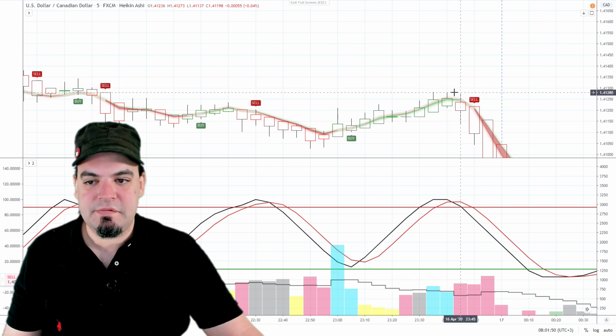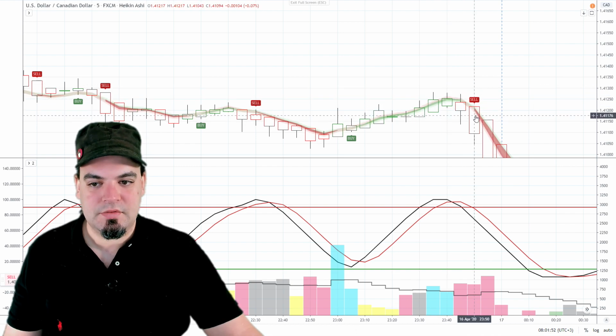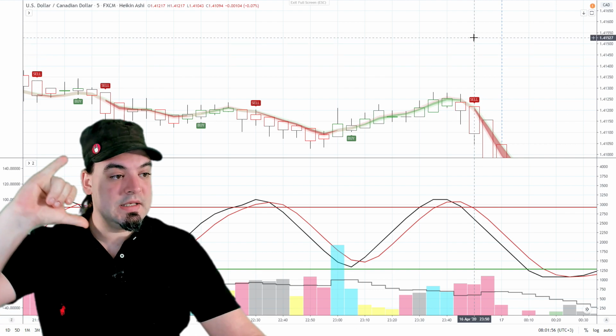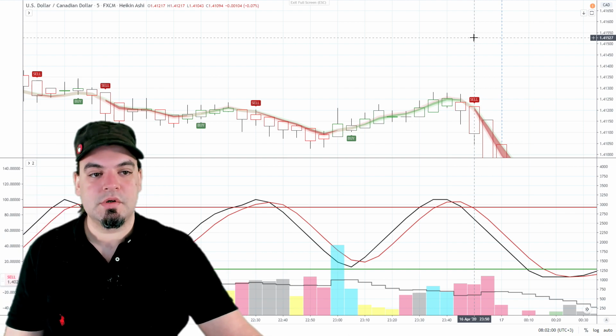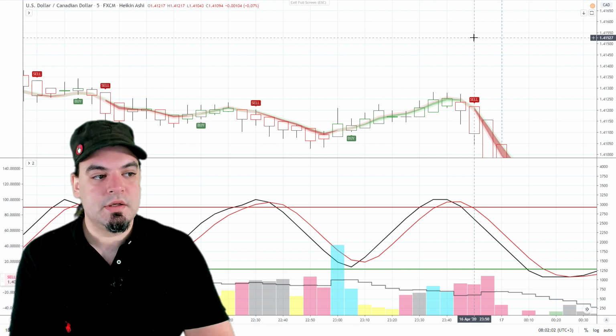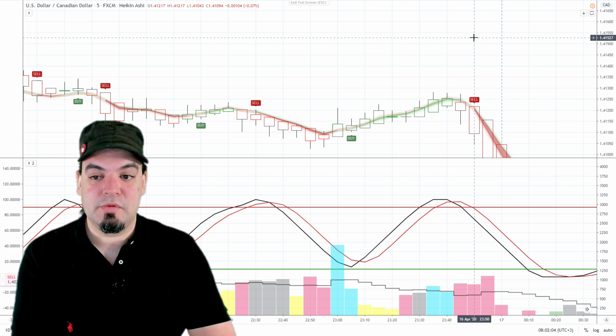And so the difference between your entry and the stop is the one that you need to calculate for the perfect trade size of your position.